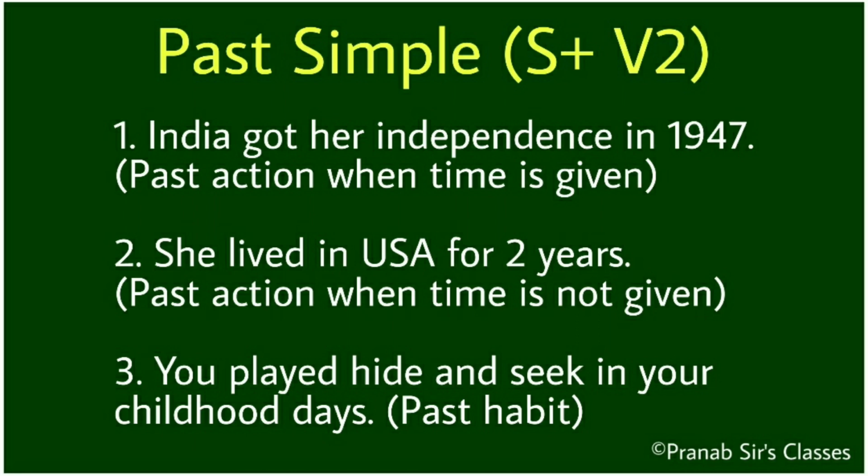So while talking about a past action, when the time is already given, maybe yesterday, maybe long ago, maybe a specific time, the day before yesterday, we use the past simple: subject plus V2, the second form of the verb.